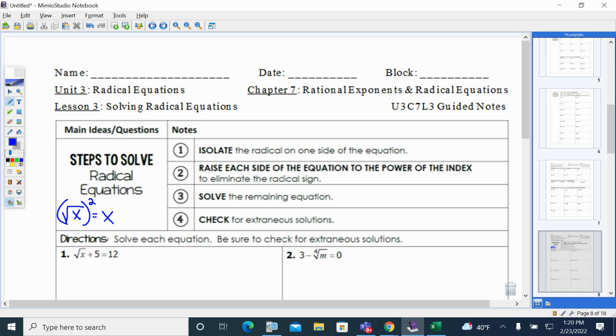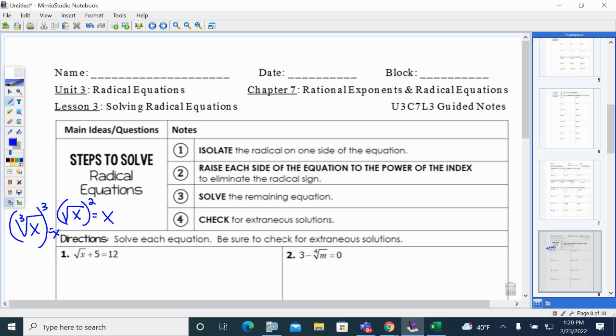The same thing is going to happen if you have a cube root of x. Again, in order to cancel the cube root part, we have to cube that radical to get just the x. The same thing is going to hold true for the fourth root, the fifth root, and so on.